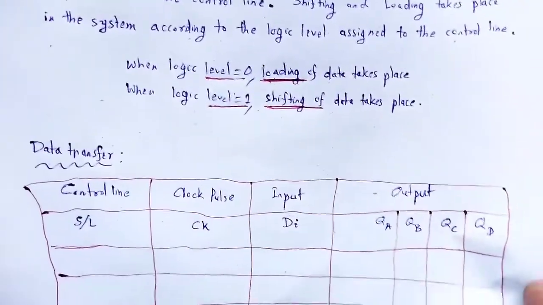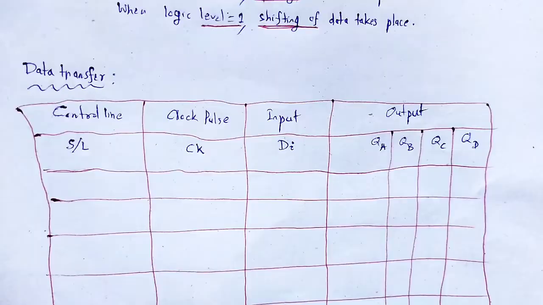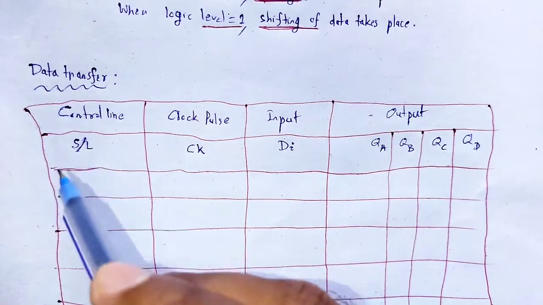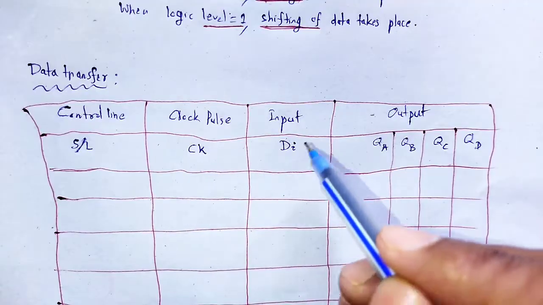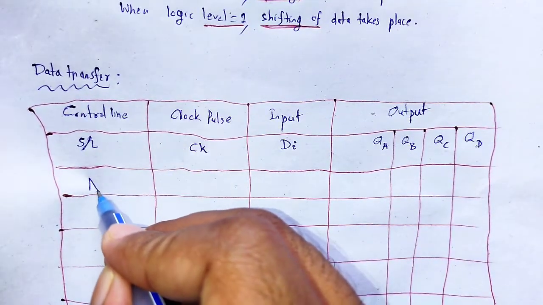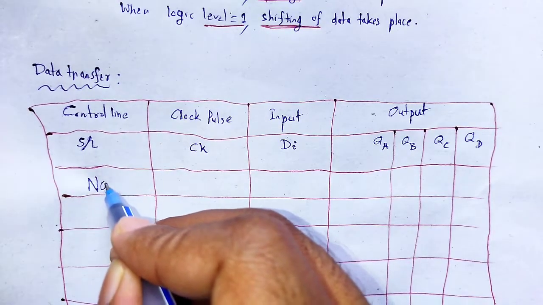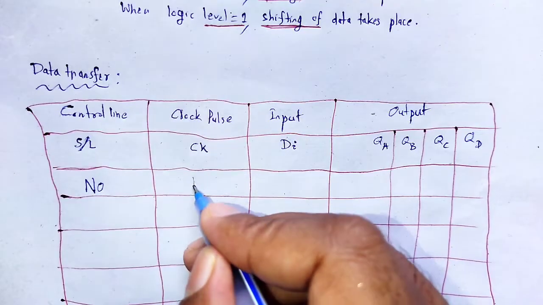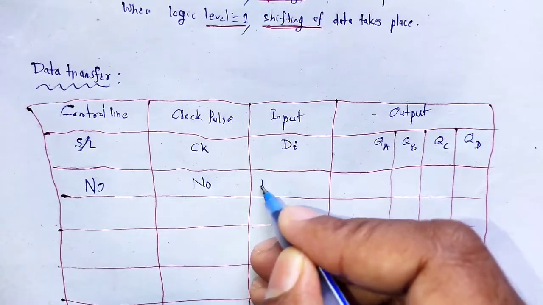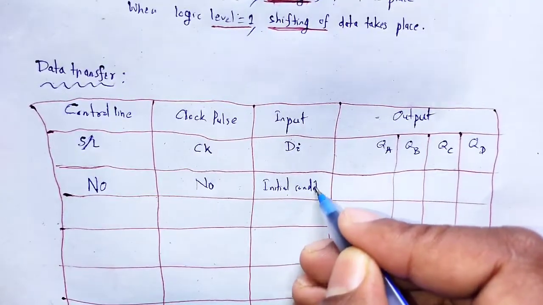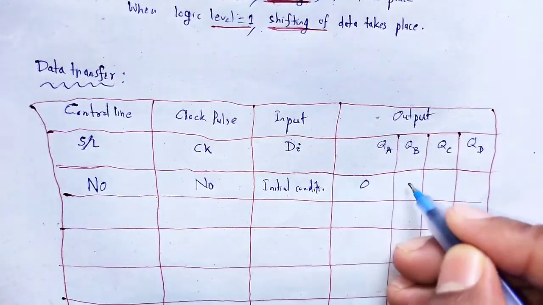So transformation of data: that is shift or load, clock pulse, input, 4 outputs. No shift load is given, no pulse is given, that is the initial condition, at output all are 0.